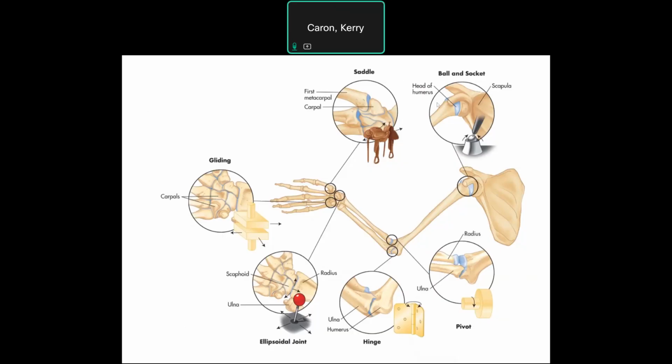The ball and socket describes how it moves, right? It can move in rotation, like a ball and socket. You can see these little pictures here are helpful. Hinge joints would be like your elbow or your knee. It moves like a hinge. Pivot joints, the neck would be a pivot. It can internally rotate and externally rotate. And ellipsoidal is like your wrist.